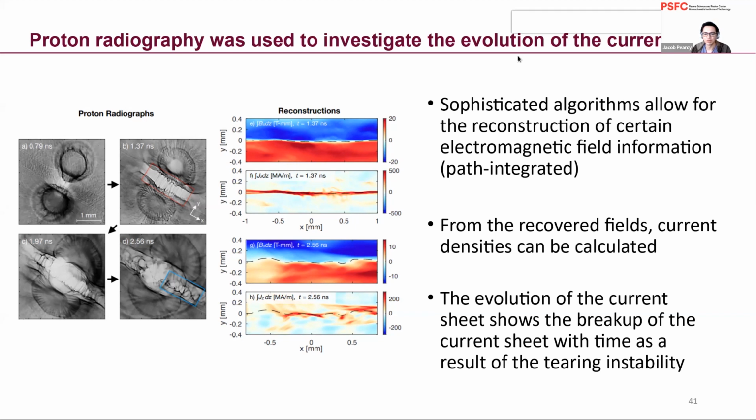And the one below that on each part is the current, which is recovered by taking the curl of the path integrated field. You can see at the early times, we have this long, thin current sheet that we described before. That breaks up later on, as a result of those tearing modes. And the evolution of the current sheet shows a breakup with time as a result of the tearing instability.